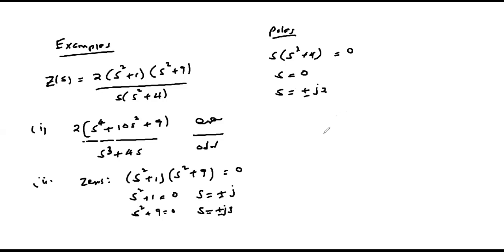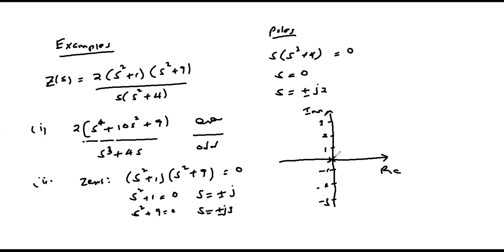If we are to sketch the poles and zeros on an S-plane, with the real axis and the imaginary axis, we have 1, 2, 3, -1, -2, and -3. We have a pole at the origin and poles at j2 and -j2.